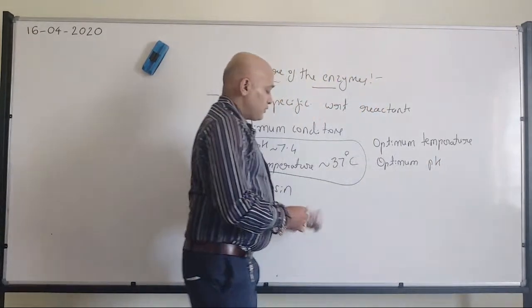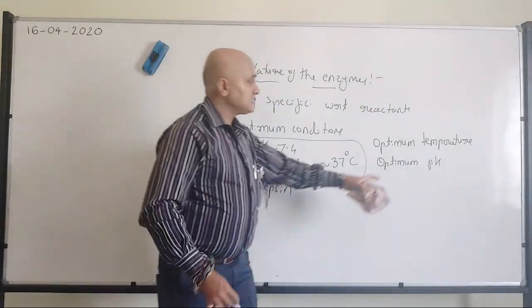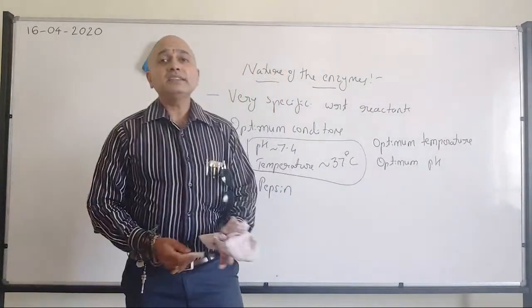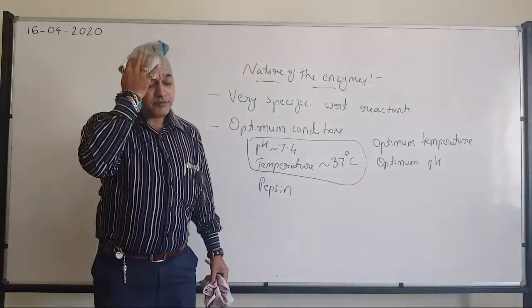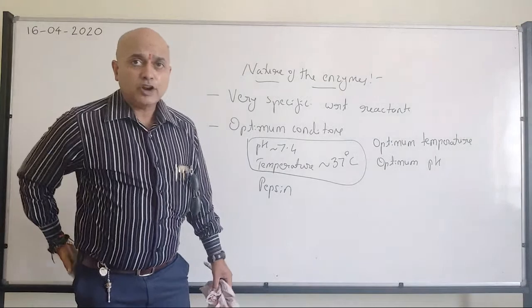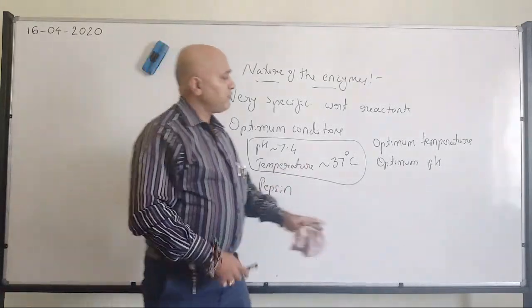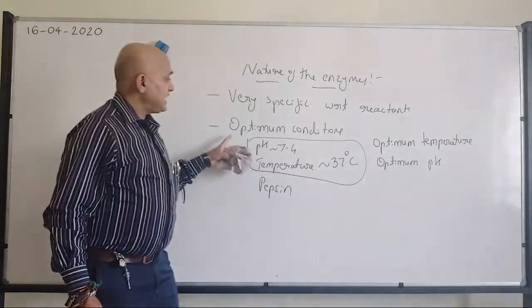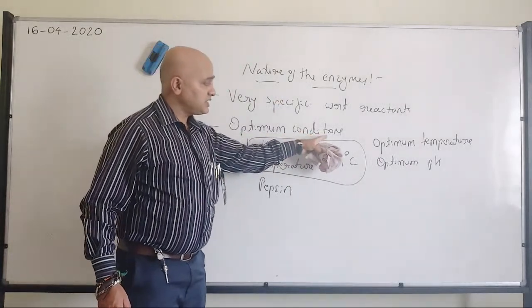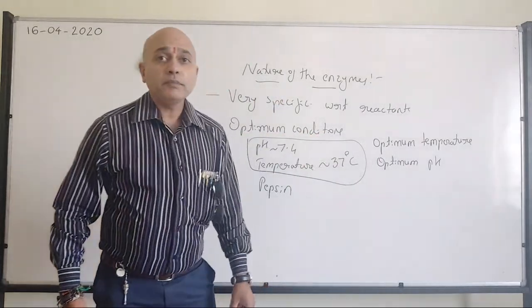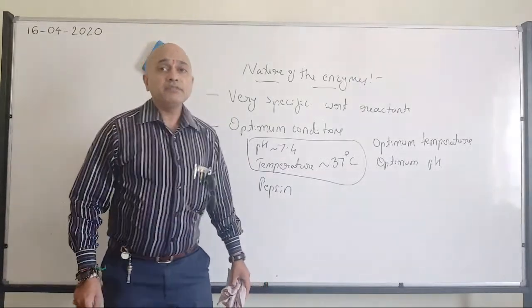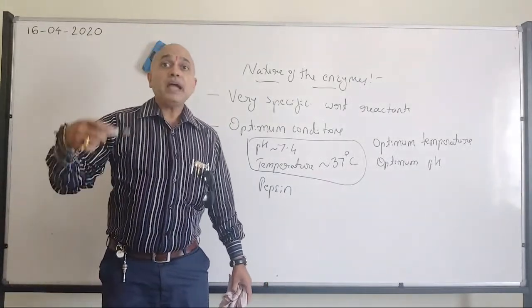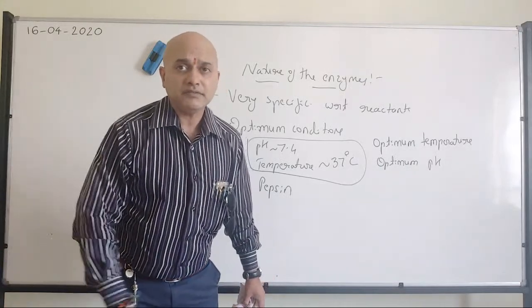Okay. So now optimum temperature is also applicable for any other catalysts also. Optimum temperature can be applicable for any of the catalysts, not only for enzymes, but we will focus on the enzymes. Now when I am talking about optimum condition, what do I mean by optimum condition? It is the condition at which a given enzyme will have the maximum catalytic activity.